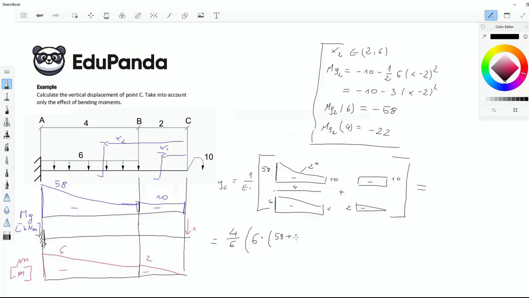Add twice the value in the middle. The whole thing is positive. We have times, so there's really nothing to ponder about. All the values I would be using would be negative if I wrote it down formally. Here I would have minus 6 times minus 58, so it's clear that the whole will be positive. Add the other side, which is 2 times 10 in parentheses, add 2 times 22.